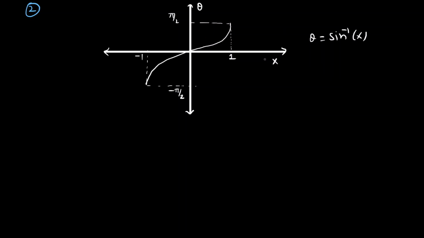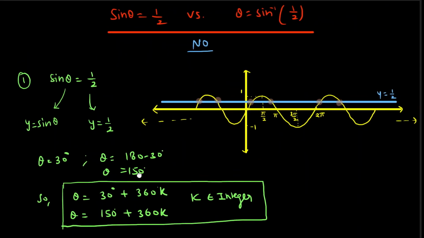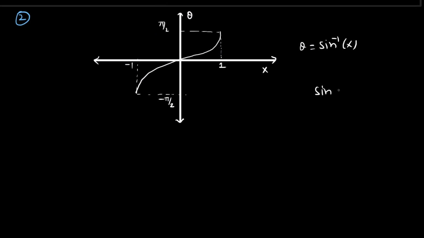All right. Now we can clearly see again, what do we have to solve for? Let's go back and see what the other equation was. It was theta is equal to sine inverse 1 over 2. So when is theta equal to sine inverse 1 over 2? Obviously, when x is equal to 1 over 2, right?